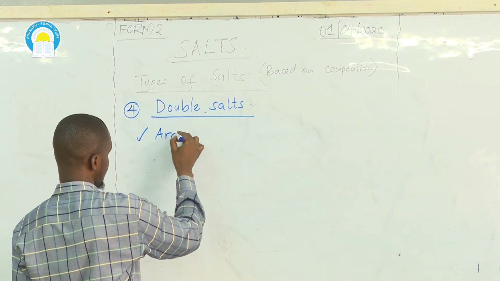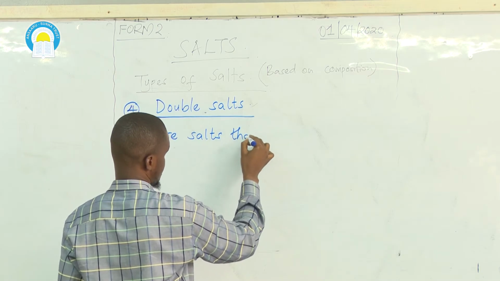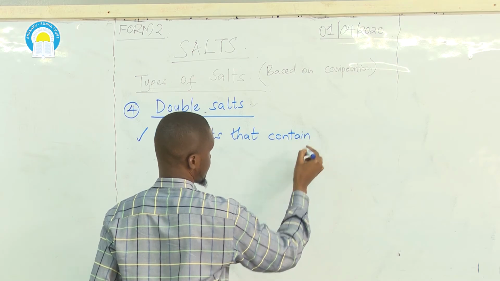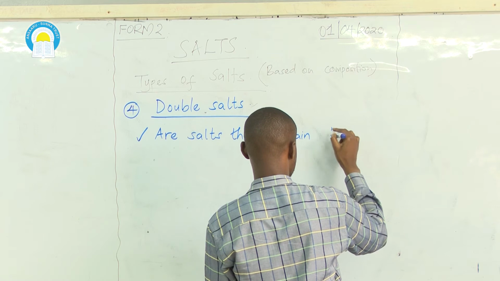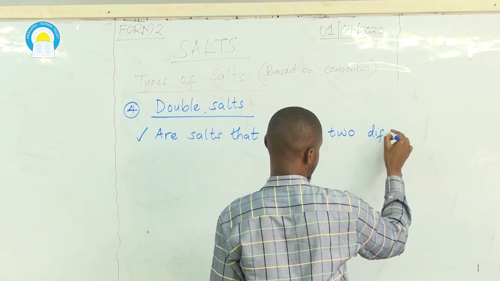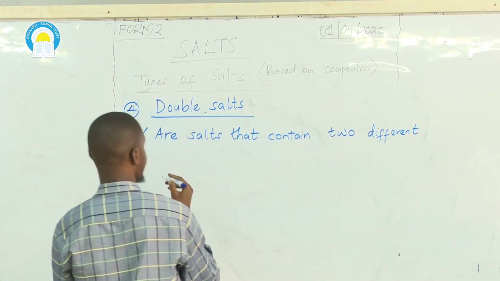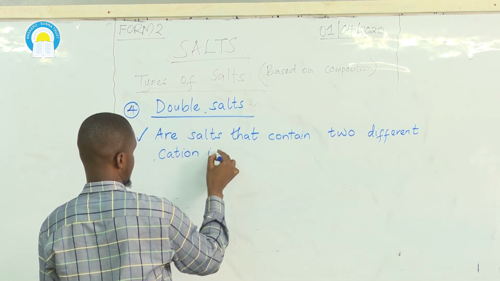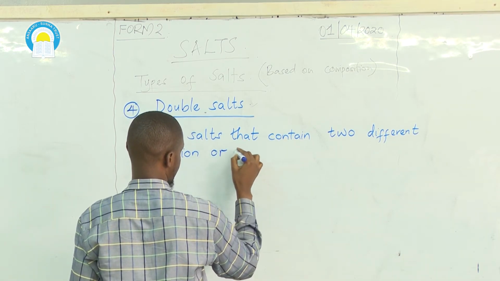Double salts are salts that contain two different cations or anions.